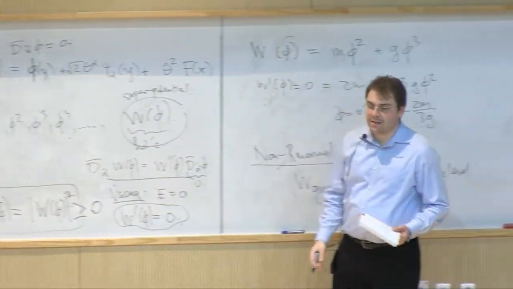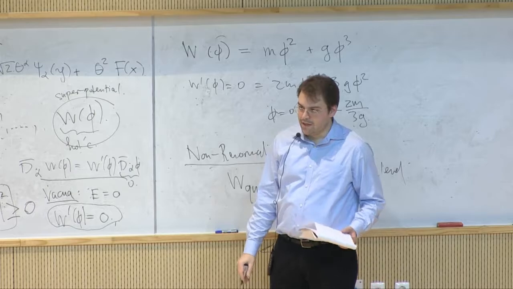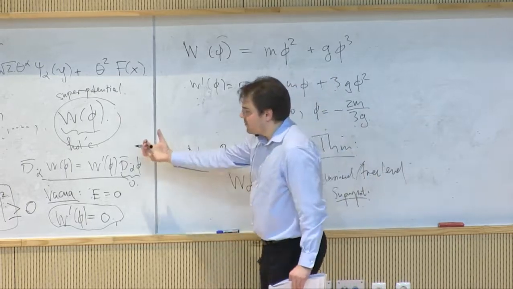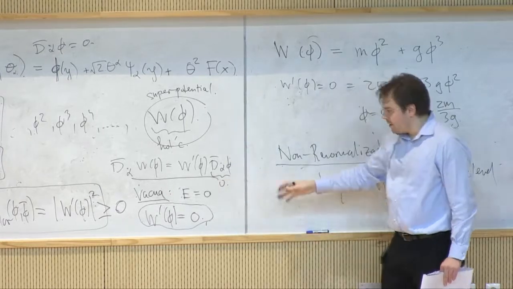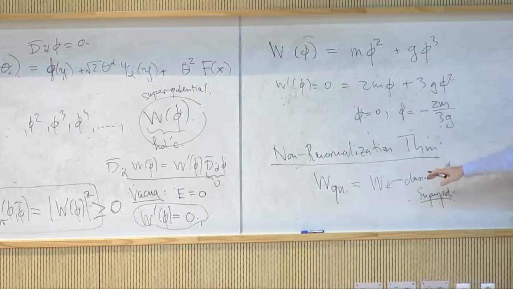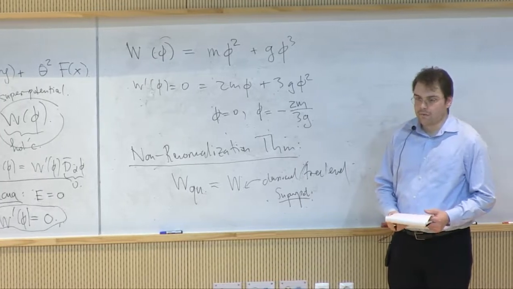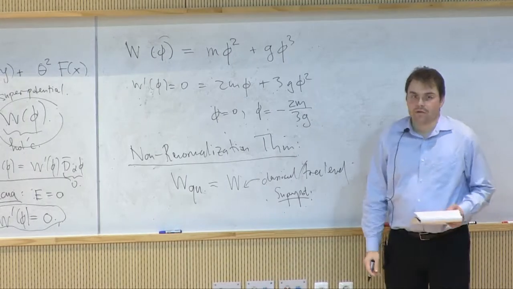It also doesn't mean that it's necessarily exactly solvable in any sense. But there's some sector of it, namely this holomorphic sector described by W, and the vacua and things like that, that are protected enough to be analyzable in the full quantum theory.